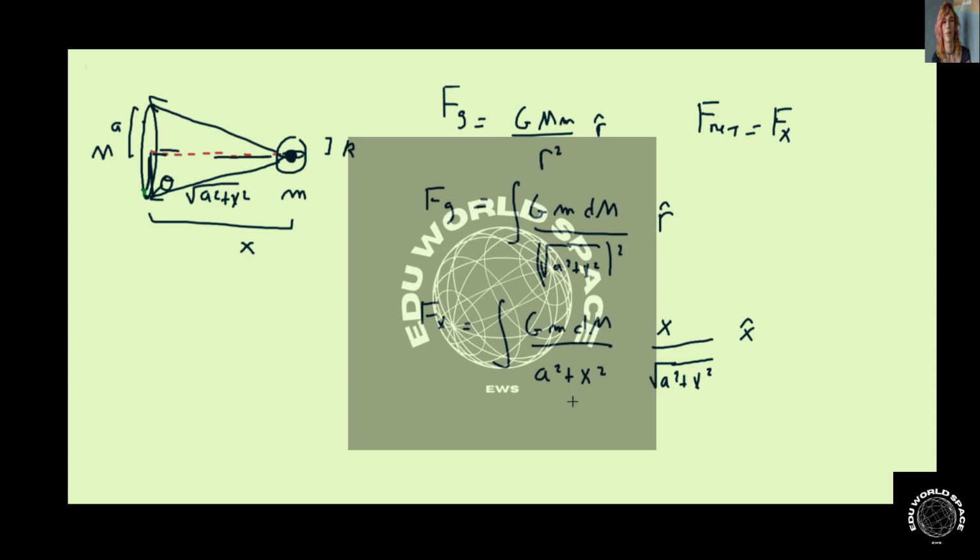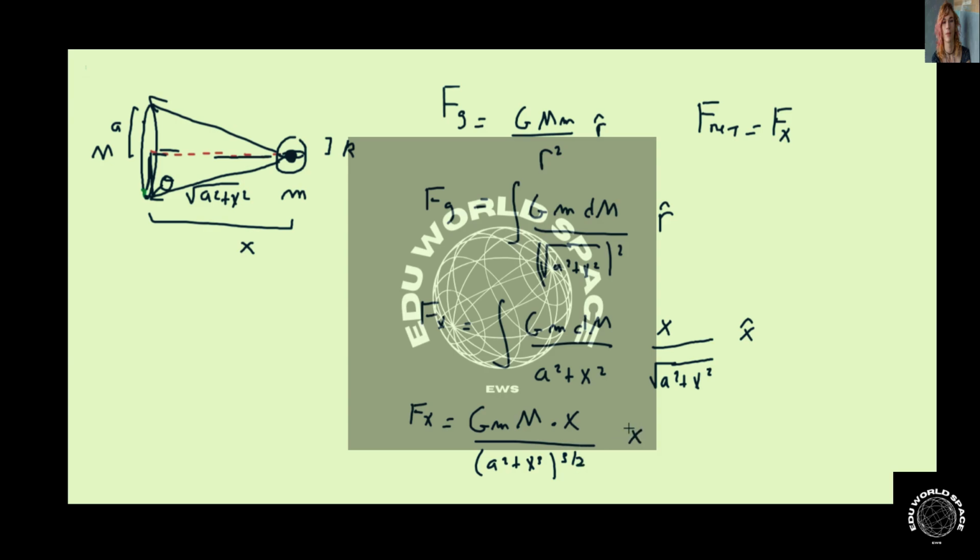So now we have our integral set up, and we can just integrate dm and get capital M, since none of these other things depend on it. So when we integrate this, we should just get G little m, and then integrating dm, we just get capital M. And now with all of our x's and a's, we should have x over a squared plus x squared times the square root of a squared plus x squared, which gives us a squared plus x squared to the 3/2.